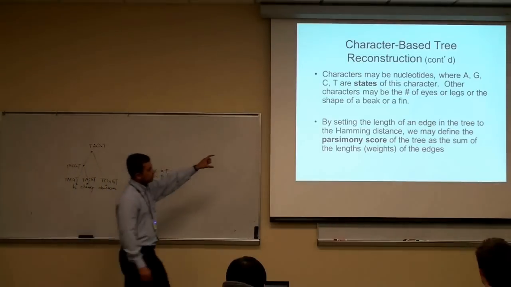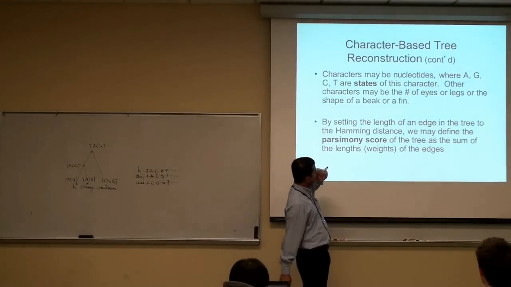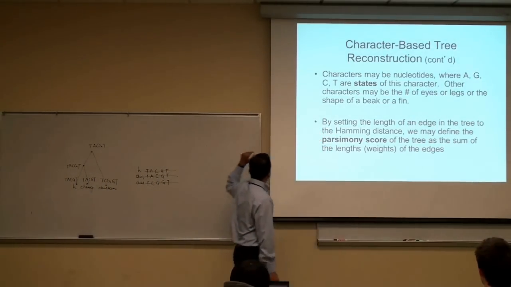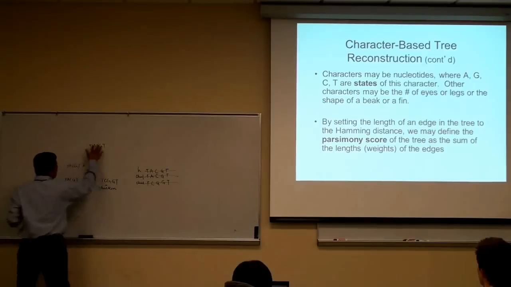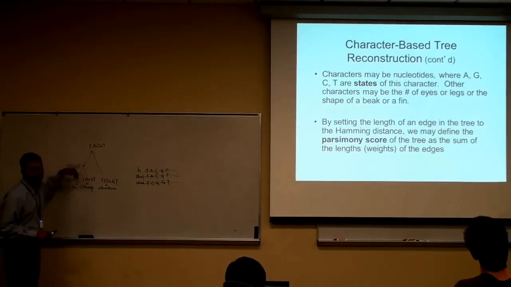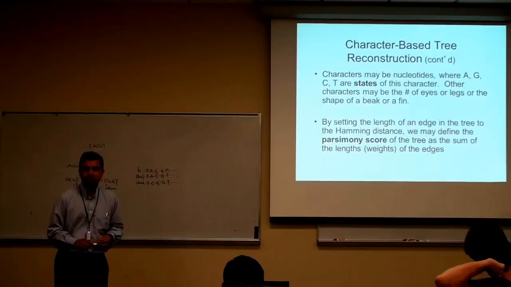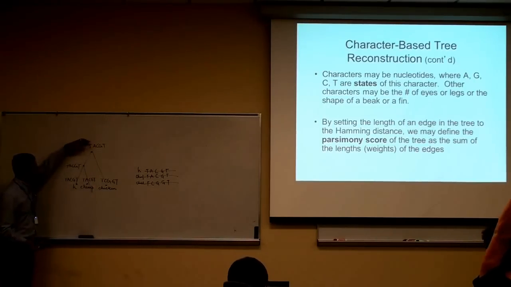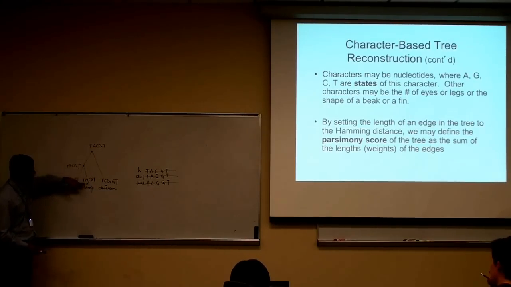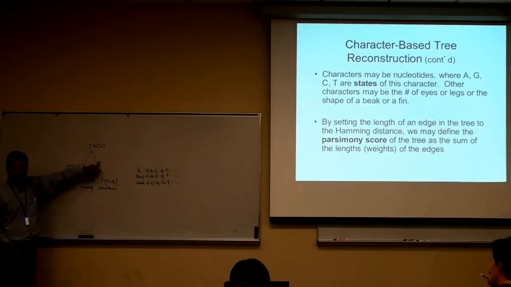Let's look at the second bullet. You make any guess, that will define the mutations that are happening on that branch. I just told you that if this is your guess, this has no mutations, this has no mutations, this has no mutations, this has 2.